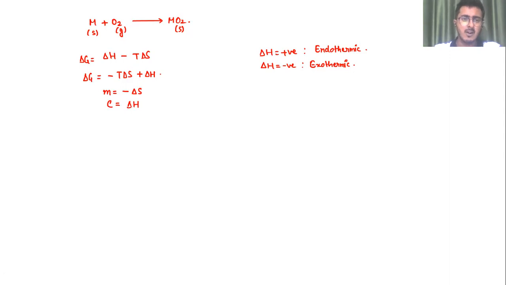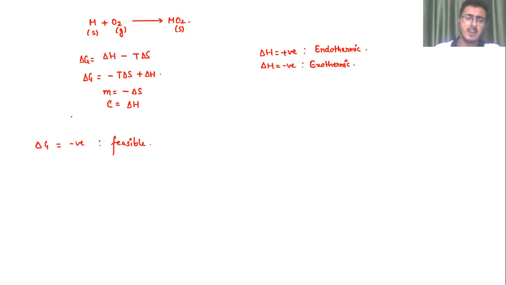Now, considering that this reaction is going in the forward direction, we will take delta G to be a negative value. That is, the reaction is feasible. If the reaction is going in the forward direction, delta G is negative. Then I can relate it with the delta G versus temperature curve.